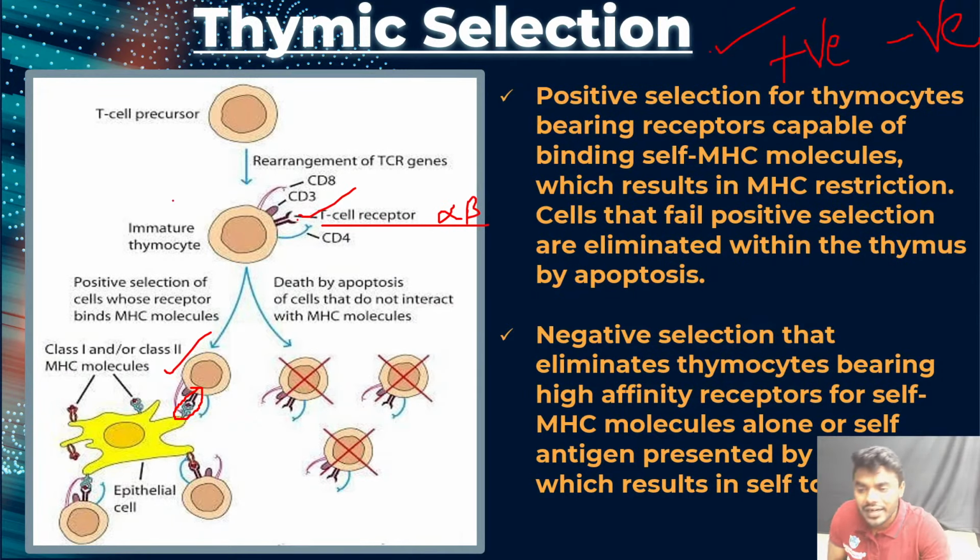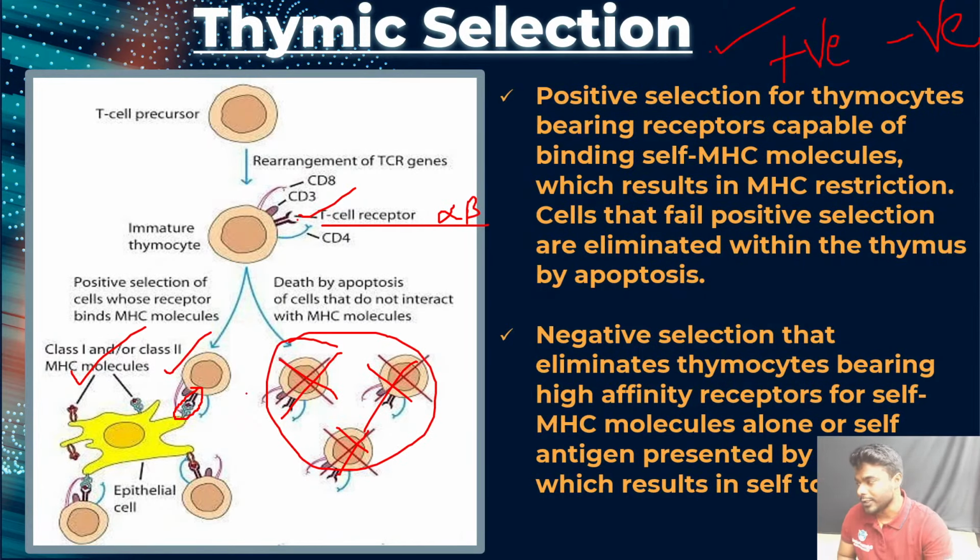Whenever I start interacting with the self-MHC, I have qualified the positive selection. In case I am not interacting, see here, I have failed the positive selection and I will undergo death, that is apoptosis. Not every T cell undergoes apoptosis, don't get confused.